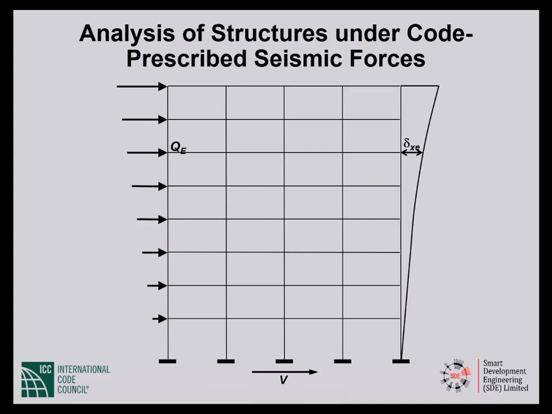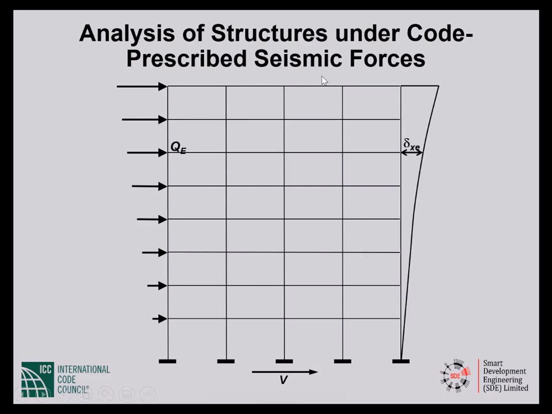So in seismic design, in the equivalent lateral force procedure, we start out by computing the design base shear V. We distribute that along the height of the structure in the manner prescribed by the code. When we distribute V along the height of the structure, we get F sub x forces, capital F sub x at floor level x.